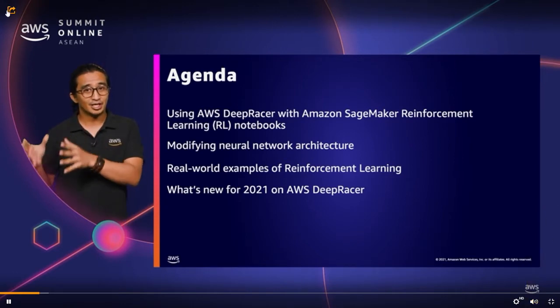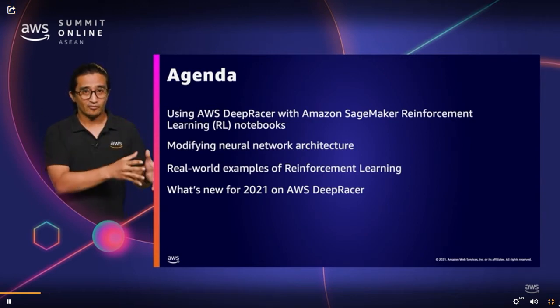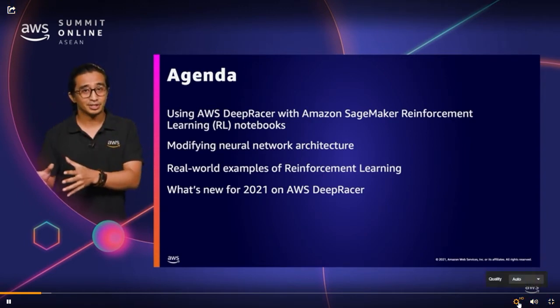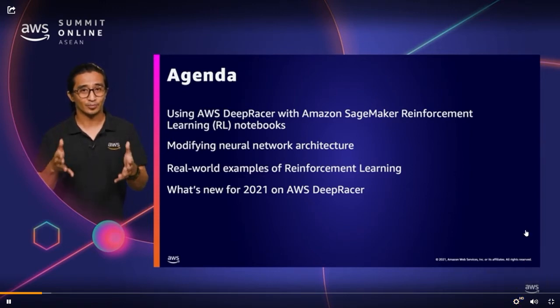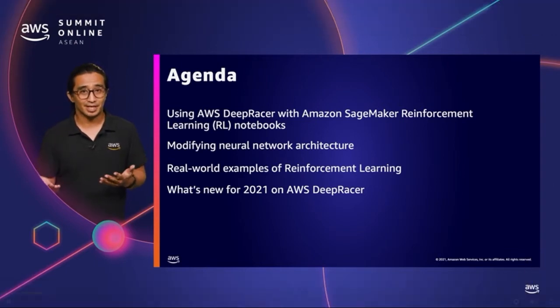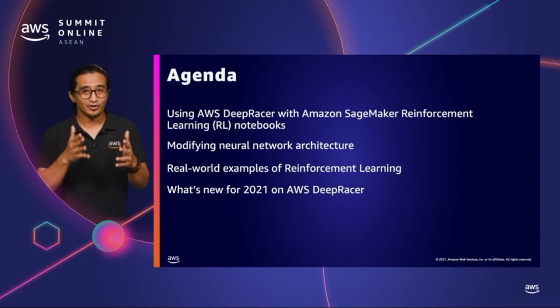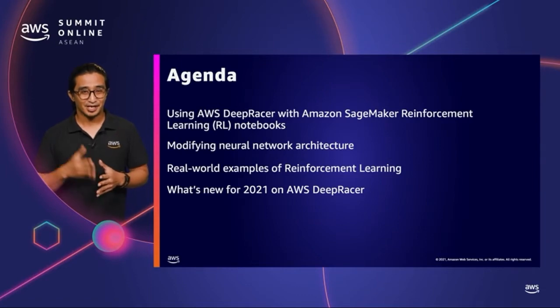And then we're going to learn how we can take our learnings from AWS DeepRacer, the reward function and neural network modifications, and apply them to real-world problems. Applying reinforcement learning to real-world problems is an interesting topic, as we will take you through how our customers use deep reinforcement learning to provide state-of-the-art solutions for their specific challenges. Sounds good? Let's get started.